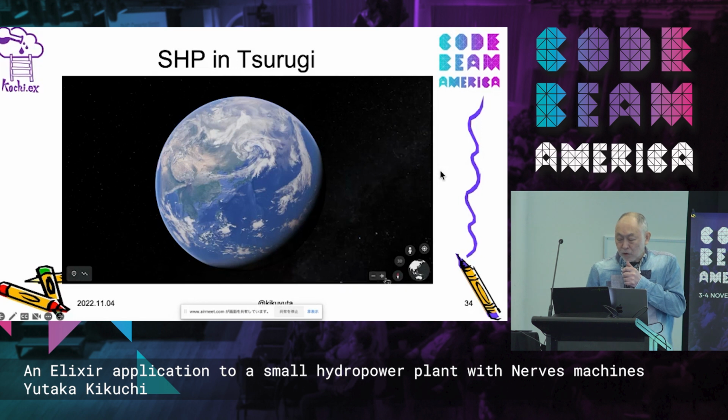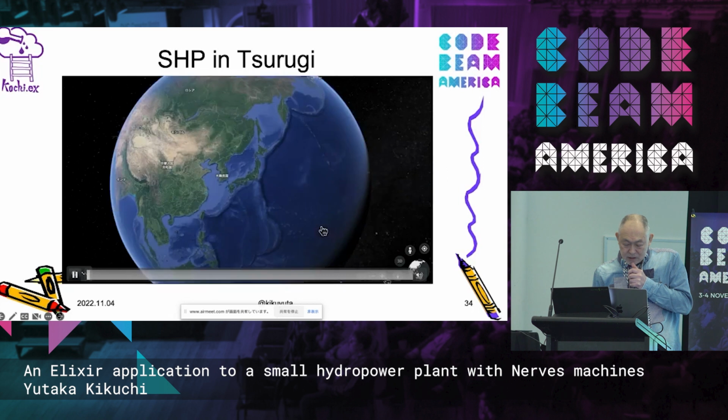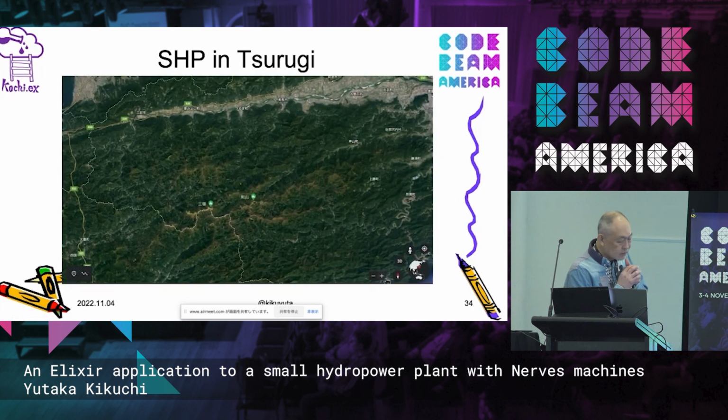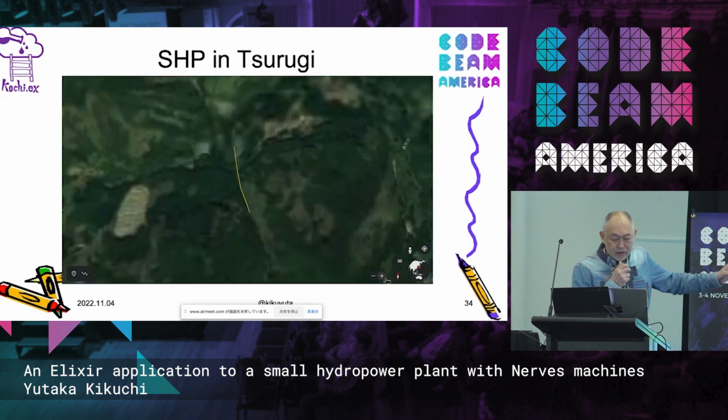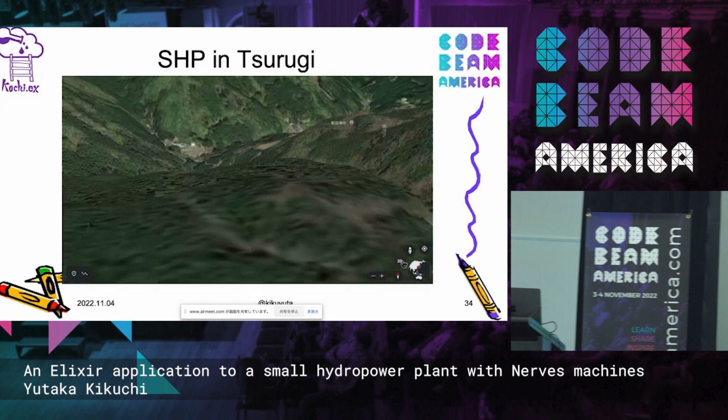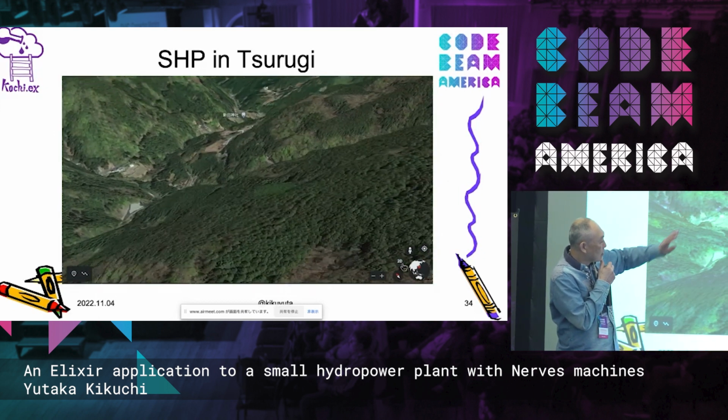Now we are working on a small SHP. SHP means small hydropower, and this is an even smaller SHP construction in the steep mountains in Tsurugi town. It is 2.5 hours to go from our university, so it's very steep.